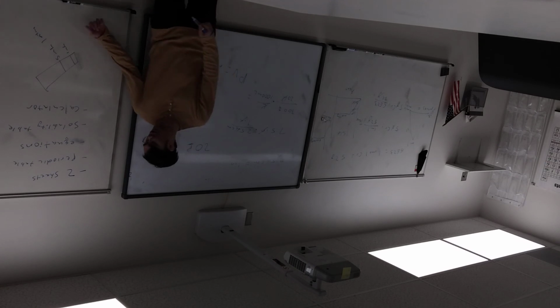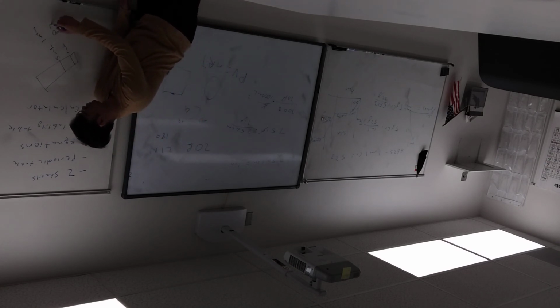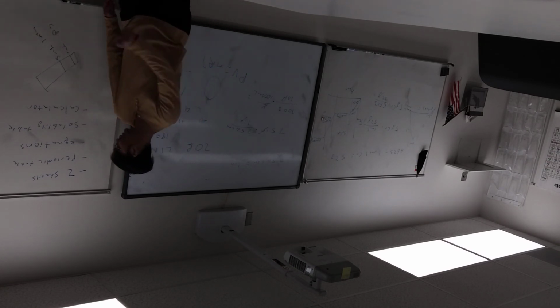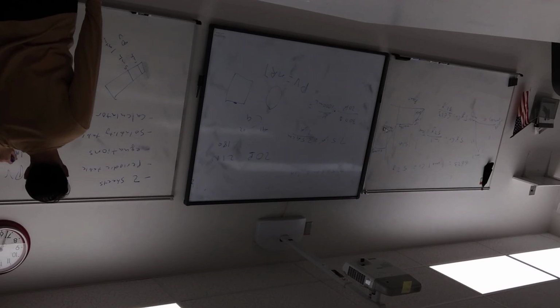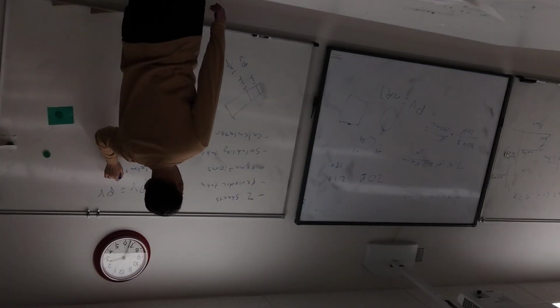What is the new pressure? Well, you use PV equals PV. So 1 atm times 5 milliliters is equal to 1 milliliter times P.